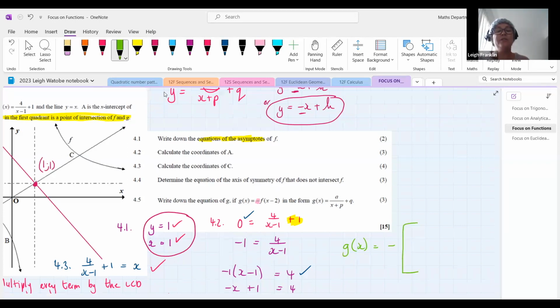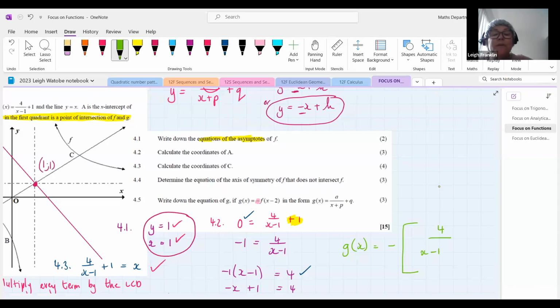y has changed sign. So if y changes sign, we have reflected it over the x-axis. Okay, y is changing sign because g of x is now equal to negative f of whatever. So it's a reflection about the x-axis. So I'm going to put in this 4, and this was x minus 1.